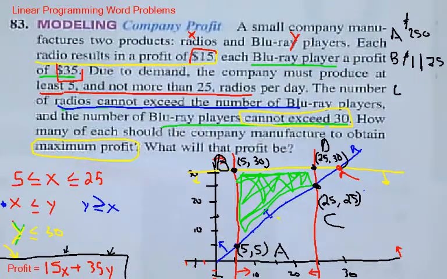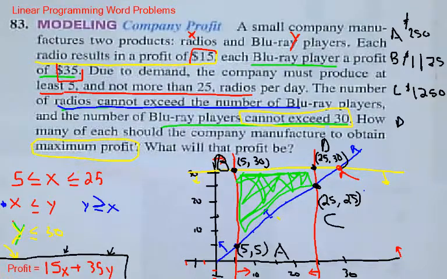How about point C? 25 times both of these guys. So 15 times 25 plus 35 times 25. Oh my goodness. That is 1,250. Well, that's just a little bit bigger.